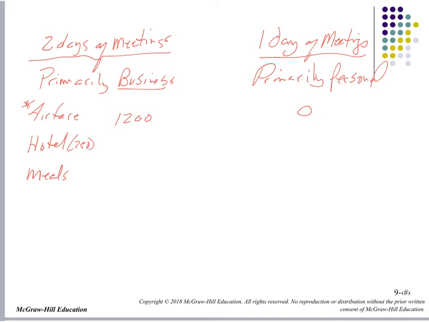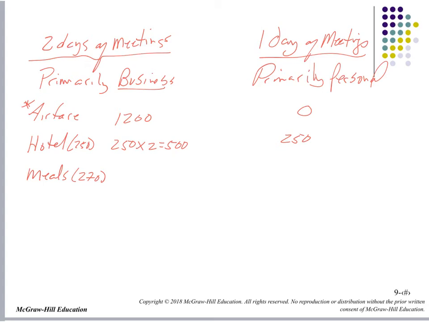So the days that are related to business, you get to deduct. So that'd be 250 times 2 equals 500. Remember, on our primarily personal, you can still deduct those expenses, but only the ones that relate to the business purpose. Okay? And then meals, we had 3 days and $270, so that's $90 a day.